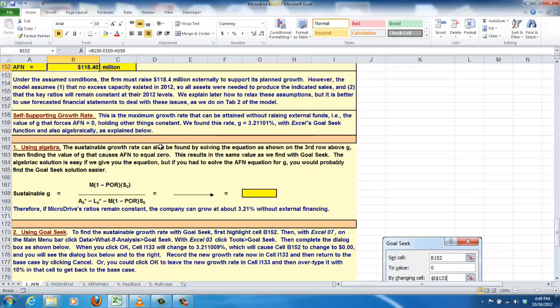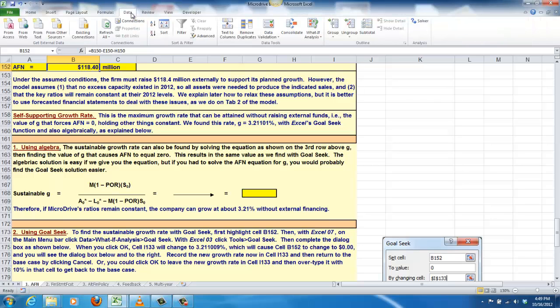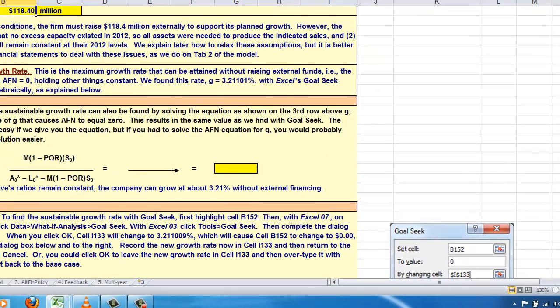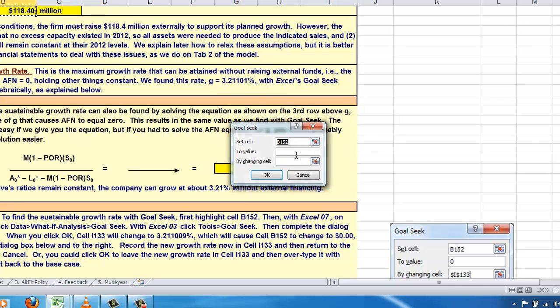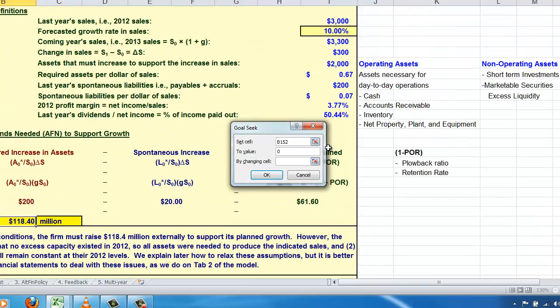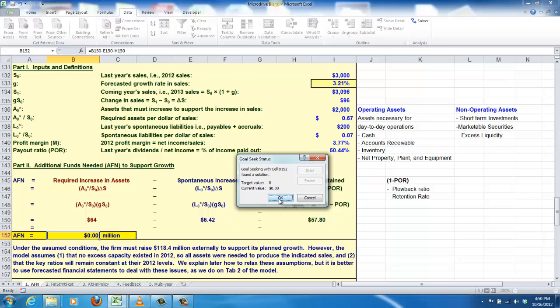So I'm going to go out here to data, what if analysis, goal seek, and it says set cell B152 equal to 0. And then by changing cell, so what we want to know is what's the self-sustaining growth rate. So the rate we want to change is our forecasted growth rate.